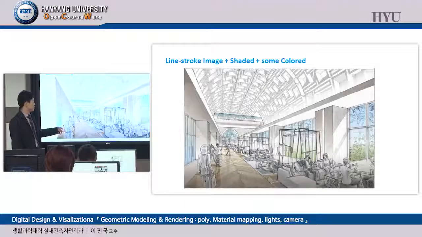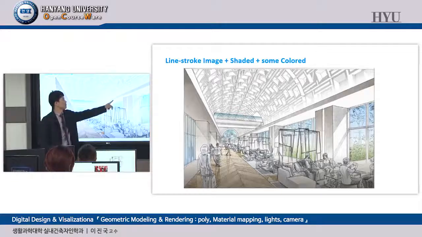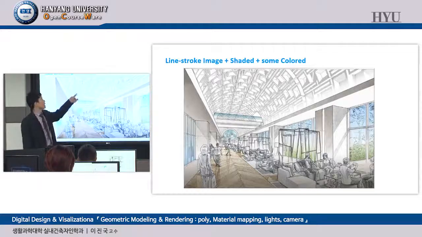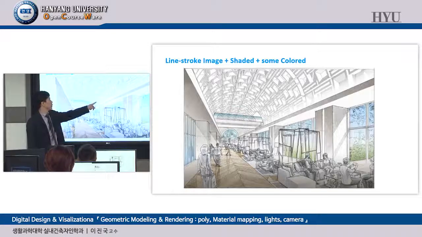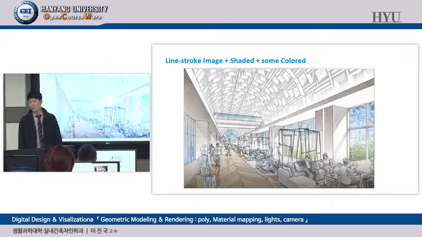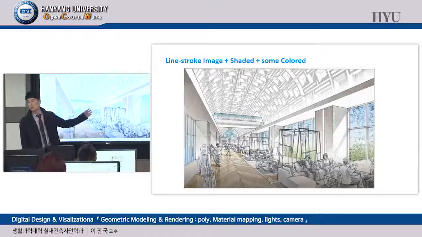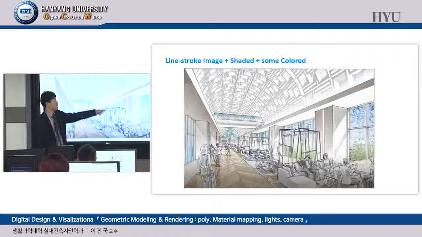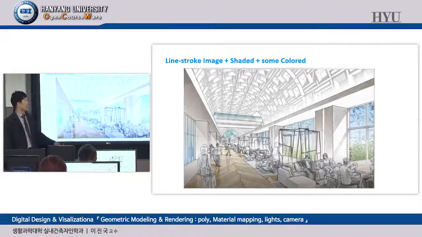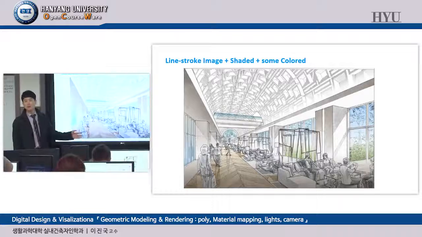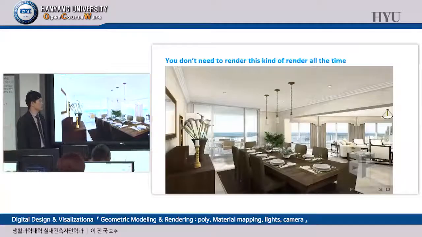How about this one? Some hand drawing like structure, and take a look, the roof structure, the ceiling structure. What if you need to draw this one by hand? This would take lots of hours, but by composition with other tools, 2D graphics tools like Photoshop, you can make this kind of visualization appended on top of this hand drawing or some hand drawing looking computer drawings.